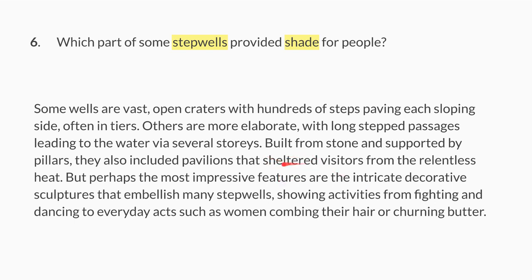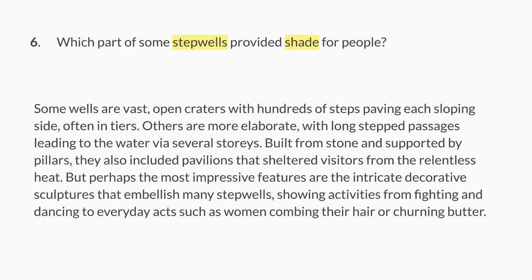Right here, I see that it says that the pavilions sheltered visitors. There are pavilions that sheltered visitors. Sheltered from what? From the relentless heat. So heat of the sun. So if you're out in the open and the sun is really hot, what are you going to do?